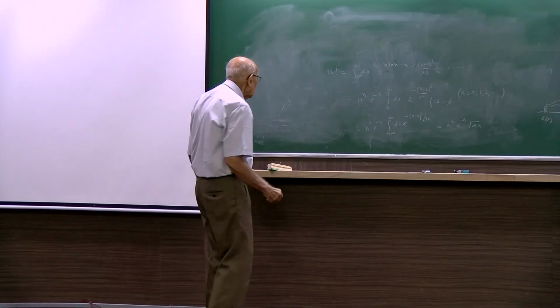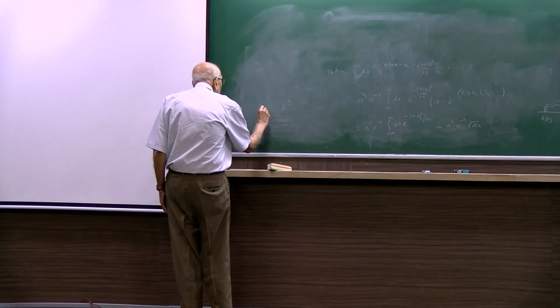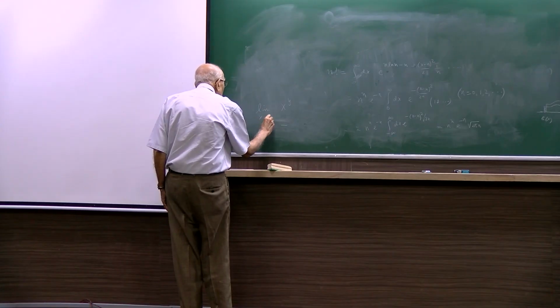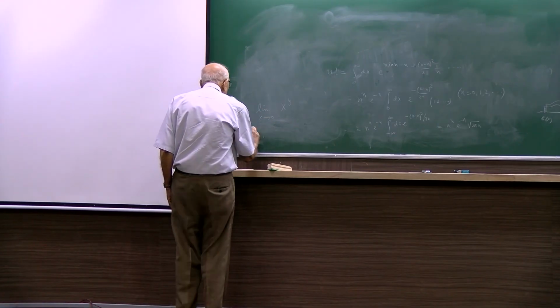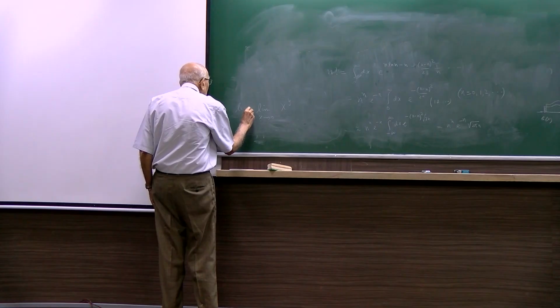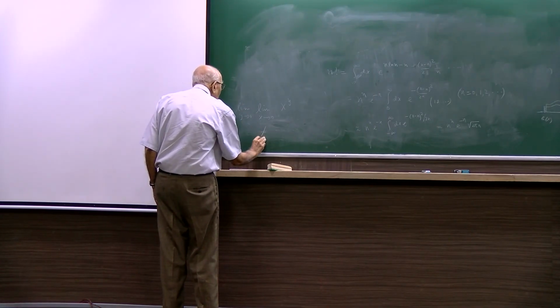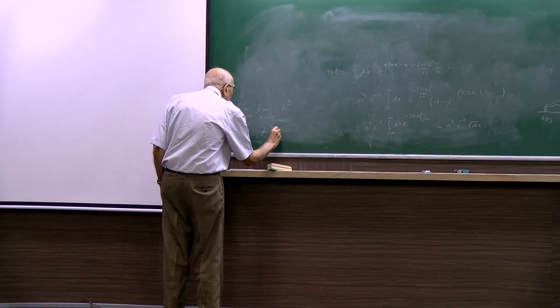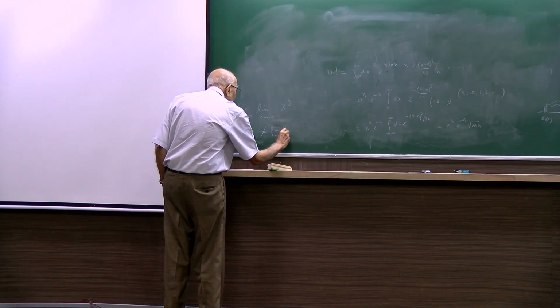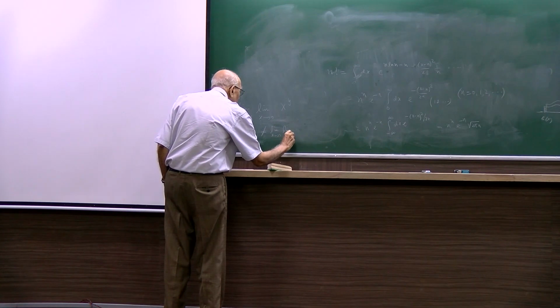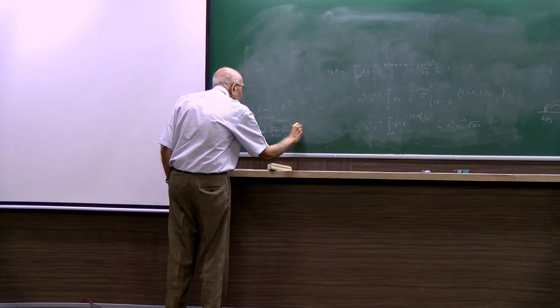So what I'm saying is this limit, x goes to 0, limit y goes to 0, x to the power y, is not equal, in general, to limit y goes to 0, limit x goes to 0, x to the power y.